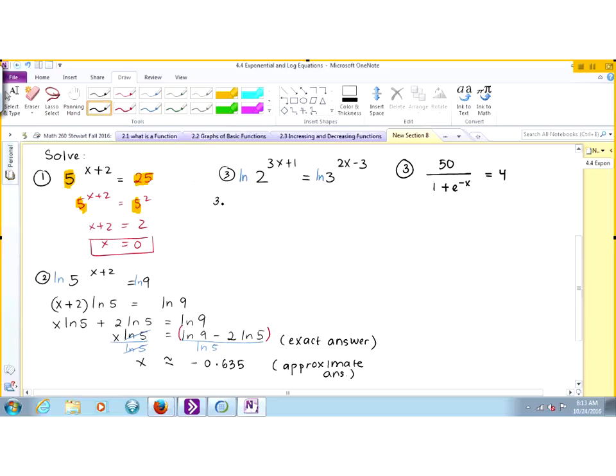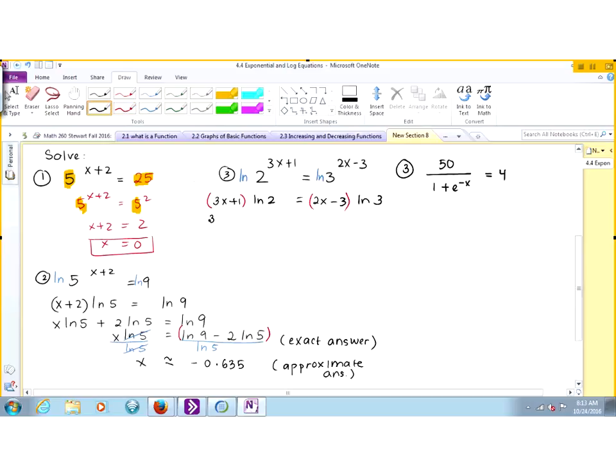Okay, so how do we bring down? So (3x plus 1) ln 2, let's see, did I miss anything here? Equals (2x minus 3) ln 3. What am I missing? Parentheses, yes, you're right. So I have these parentheses which I need to remove.